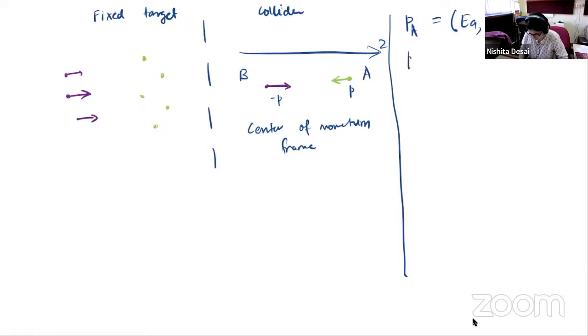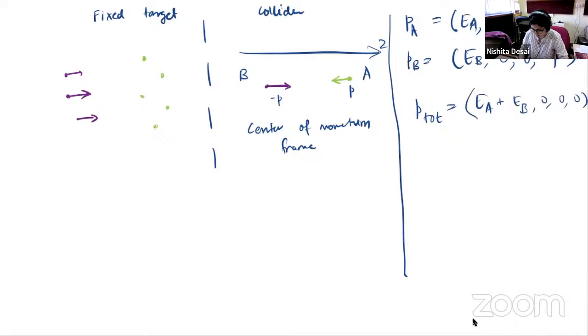And similarly, we have P_B = (E_B, 0, 0, -p). So if you look at the total momentum in the system, you have (E_A + E_B, 0, 0, 0).